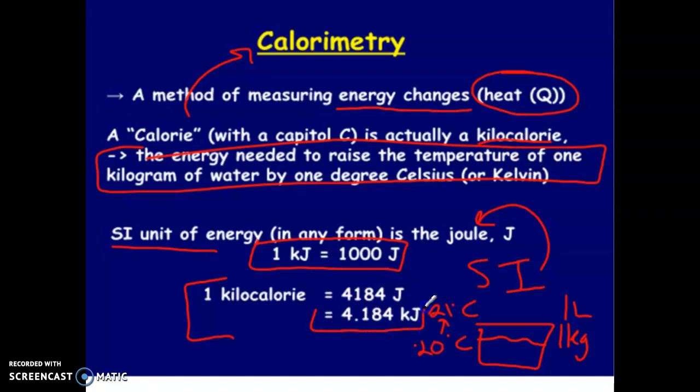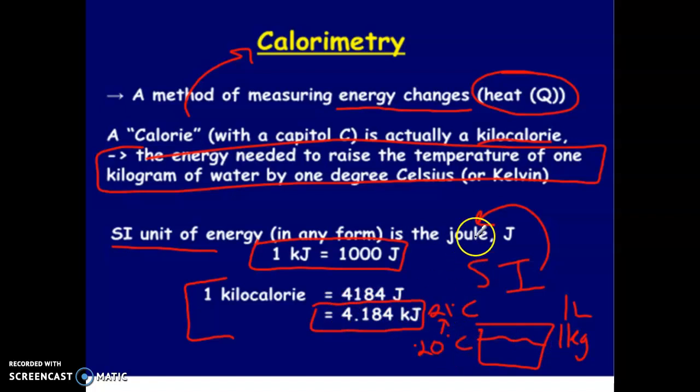And if you take a look here, what does that mean? If I wanted to take that liter of water and increase it by 1 degree, it would take 4.184 kilojoules. Oh, I can't even read, I'm sorry. This is how much energy it would need to do that process. So what happens if I had to raise it 2 degrees? You would need to double this, right?